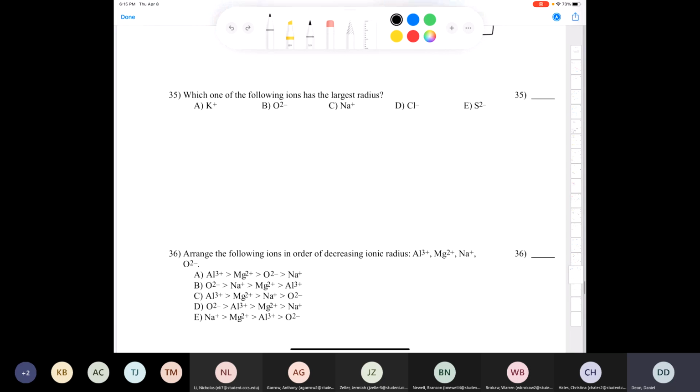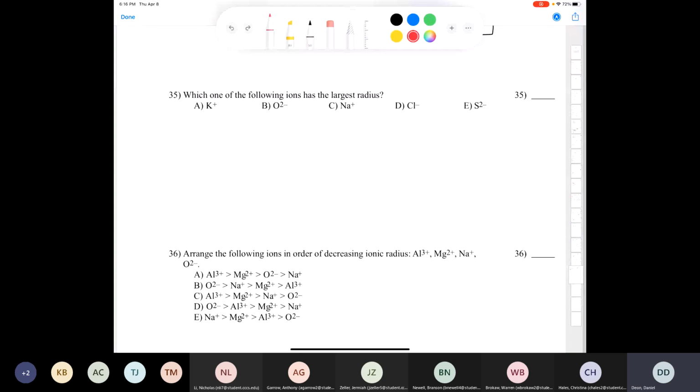Question number 35, which one of the following ions has the largest radius? I'll just throw this out there to my students. Does anybody have an answer for this one? Let's take a look at how many electrons each one of these has.